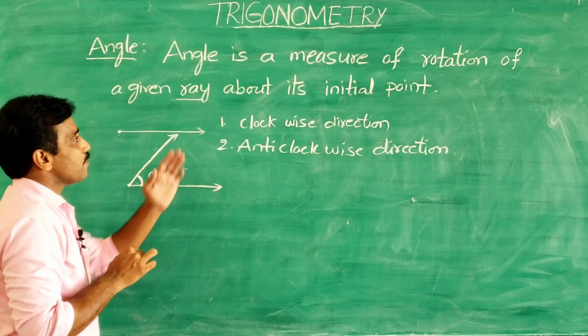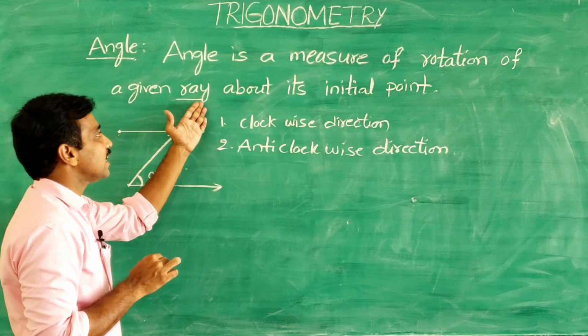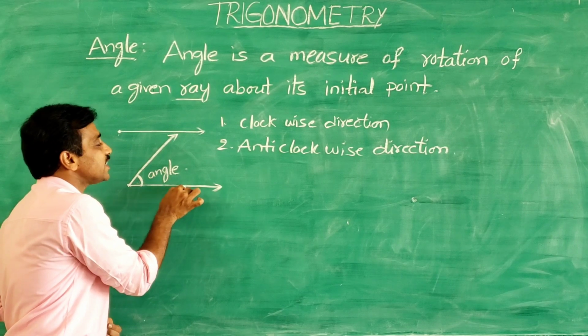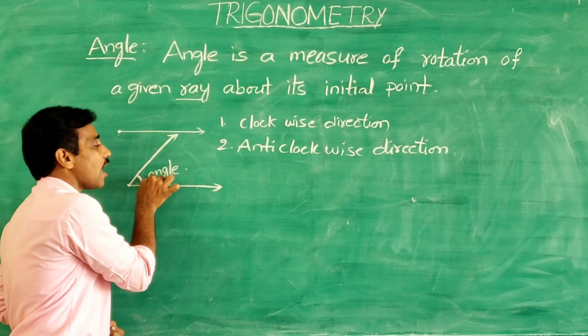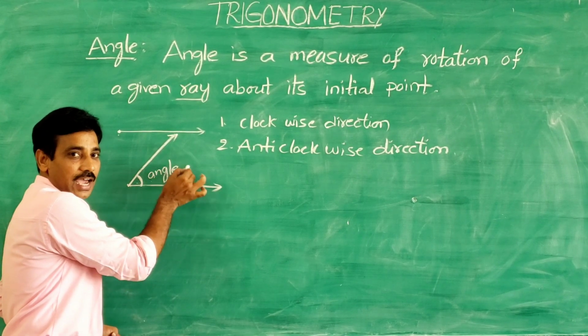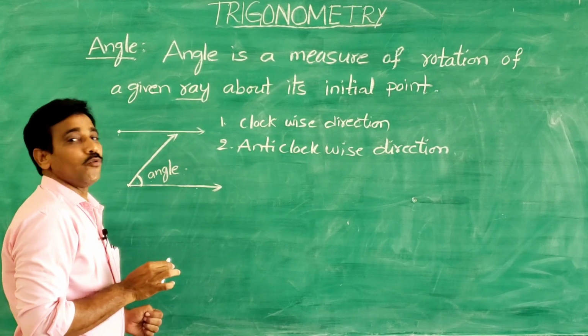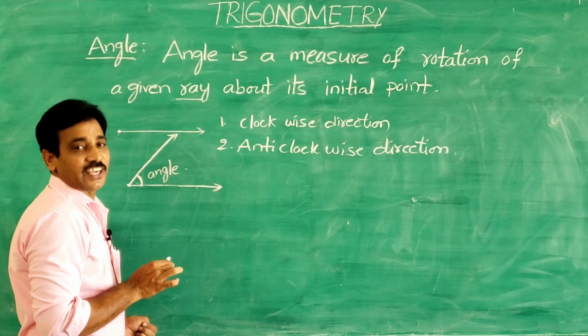Okay. So a measure of rotation of a given ray, that is, how much rotation we do with its initial ray, that much is called an angle. Now from this angle we need to know three things.